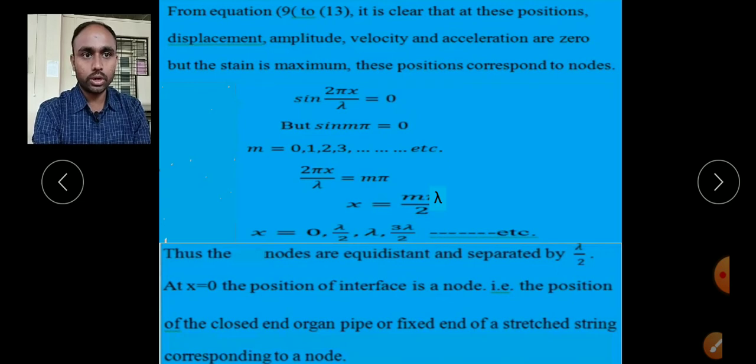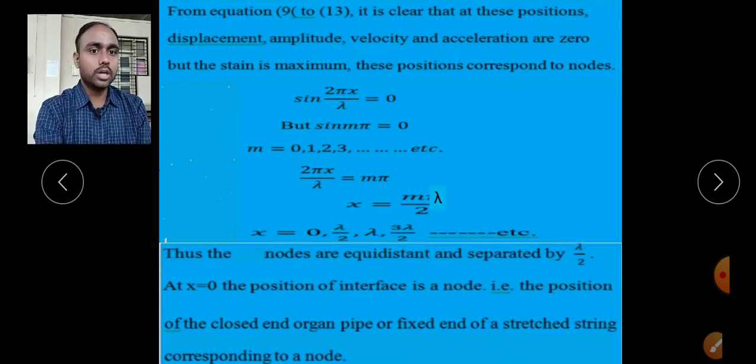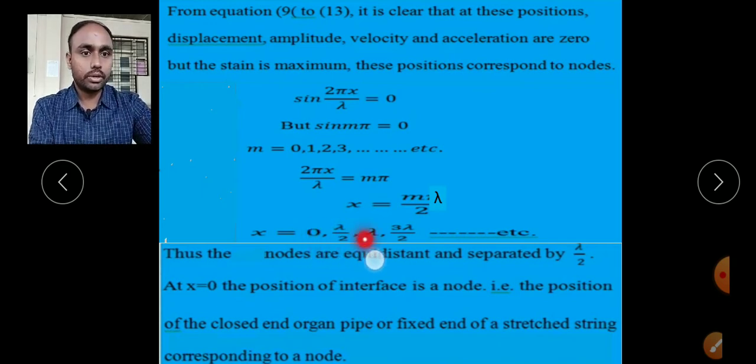But we know what these points are, nodal points or nodes. So, let us talk about the different positions. If m is equal to 0, then 0, m is equal to 1, lambda by 2, m is equal to 2, lambda, 3 lambda by 2, then 2 lambda and so on. Okay. So, these are the different positions of the nodes.